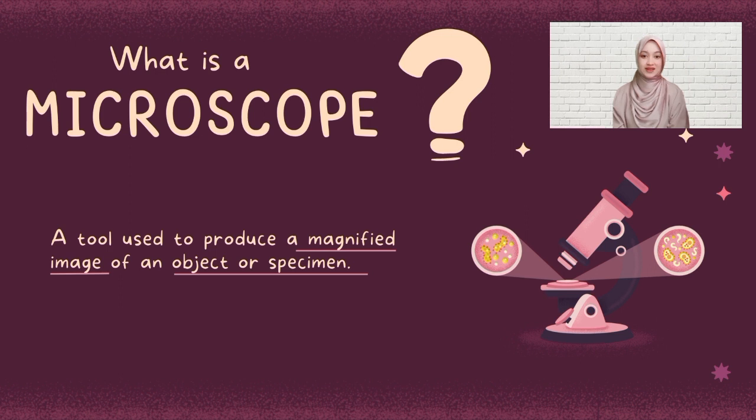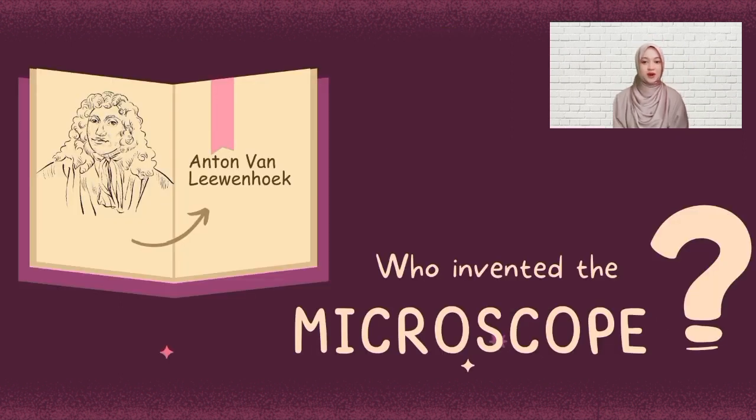This research is to enlarge images of objects that are micro-sized or cannot be seen with the naked eye, such as cells found in plants, animals, and humans. Wow, really cool, right? Now, let's move on to the discussion about who is the inventor of the microscope.